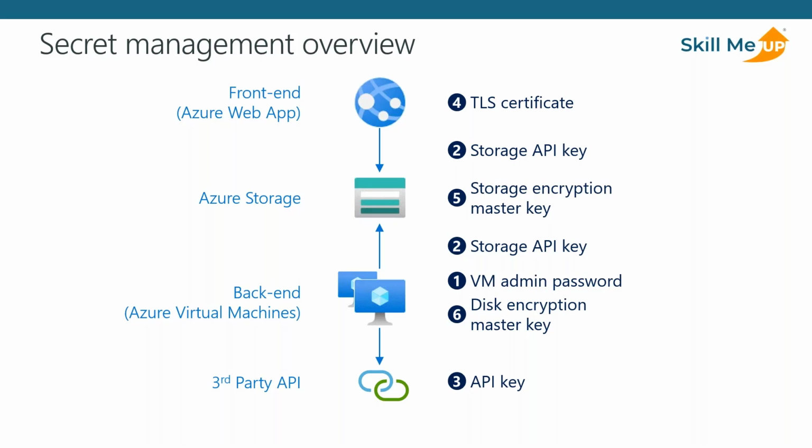So we can actually scratch this storage API key, number 2 here, and instead of that, grant managed identities for both Azure Web App and Azure Virtual Machine, and configure those as data plane role-based access control assignments in Azure Storage.